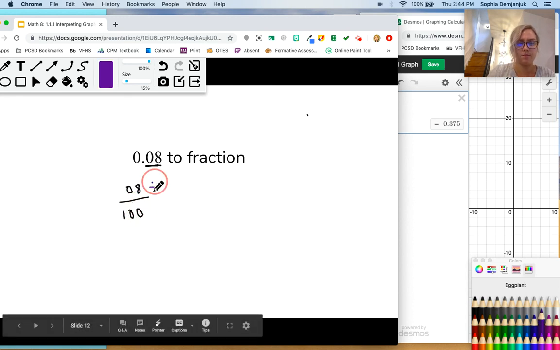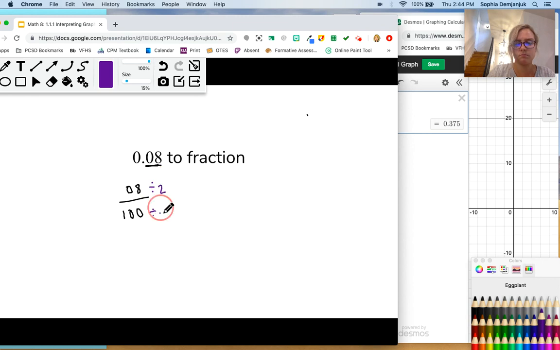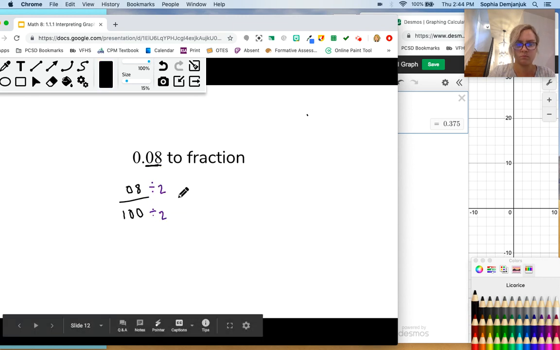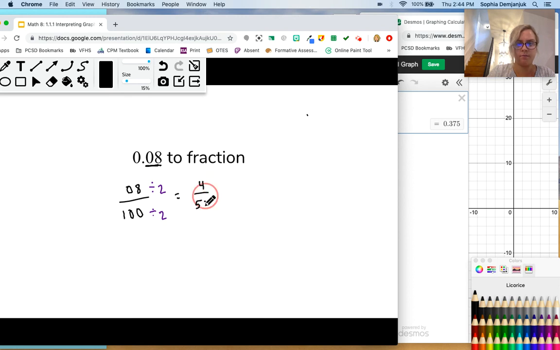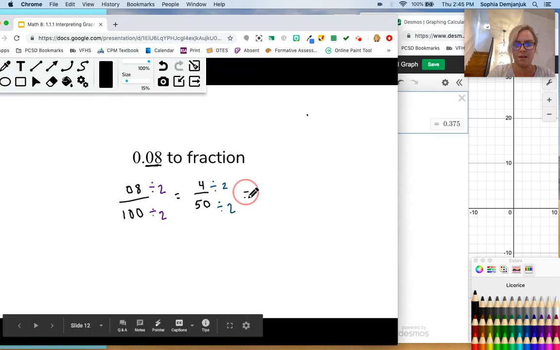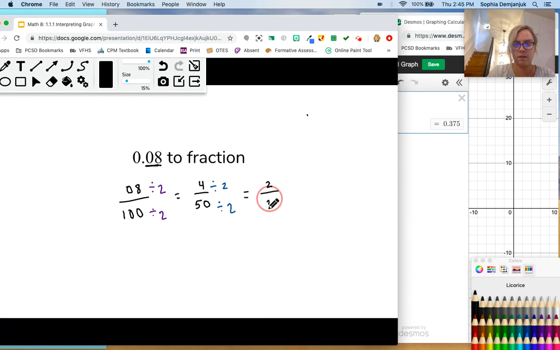Top and bottom both divisible by 2. Numerator, I get 4. Denominator, I get 50. And again, they're still both divisible by 2. So I can go through it again. Divide top and bottom by 2. Numerator, I get 2. Denominator, I get 25. No longer divisible by anything.